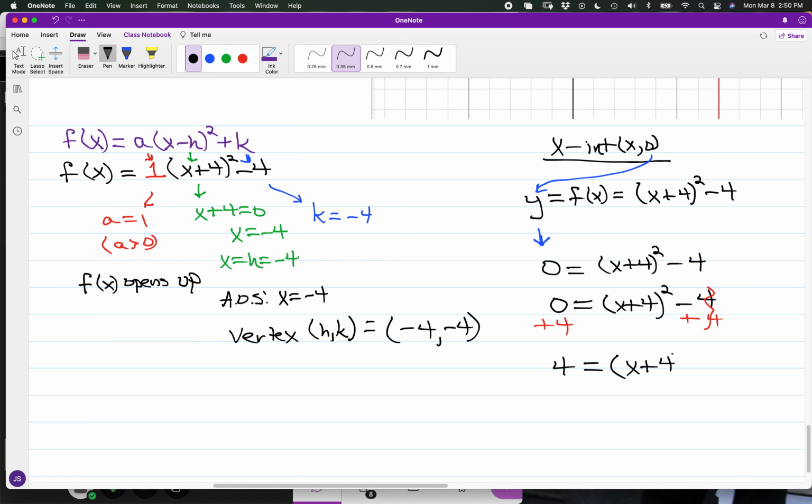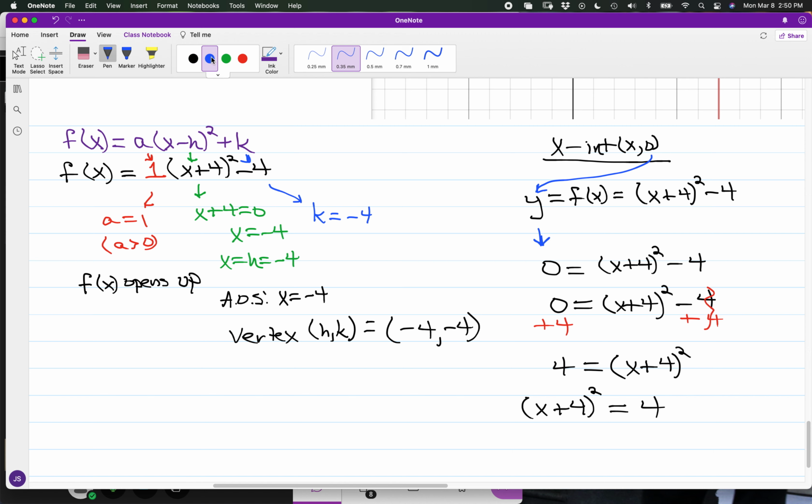I have 4 is equal to the square of x plus 4. I'm just going to rearrange the terms, going from b is equal to a format to a is equal to b. So we have x plus 4 squared on the left side and 4 on the right.